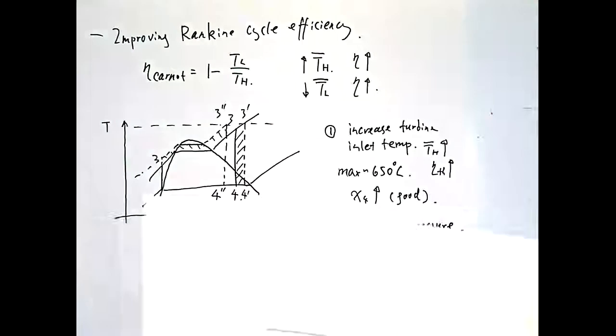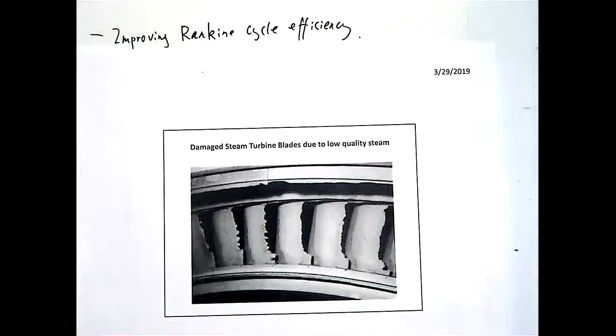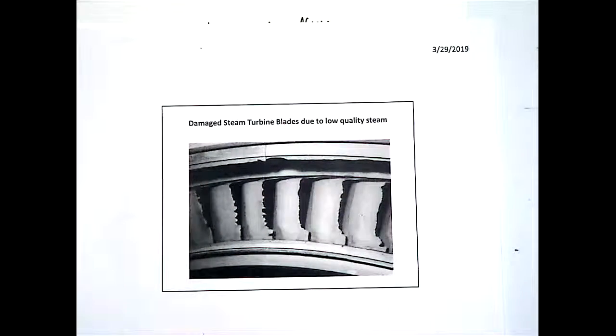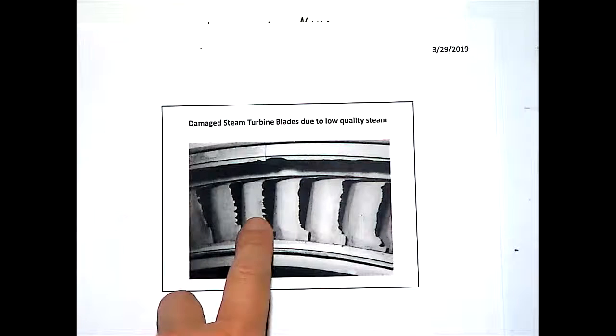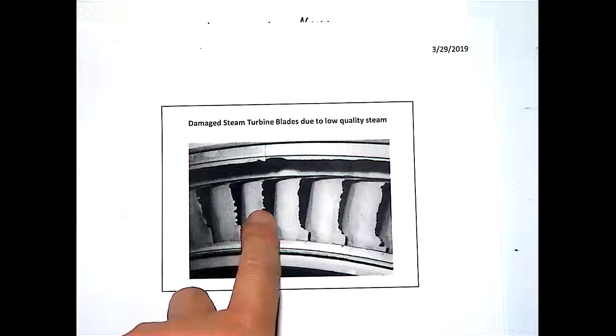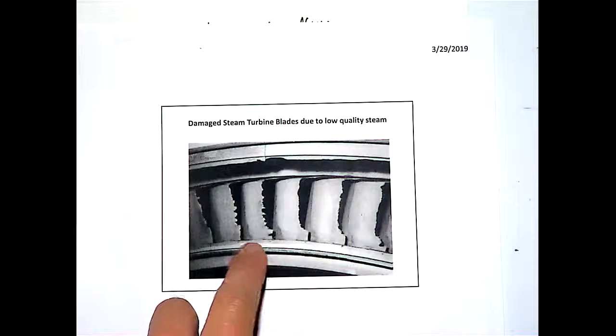One picture I'd like to show here is related to this: if the steam contains a lot of condensed water, you can really damage the steam turbine. As I mentioned before, if you have a liquid flowing at the same velocity as the gas, liquid has a density which is like 1,000 times that of vapor.